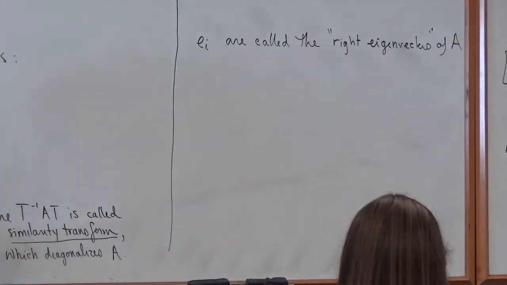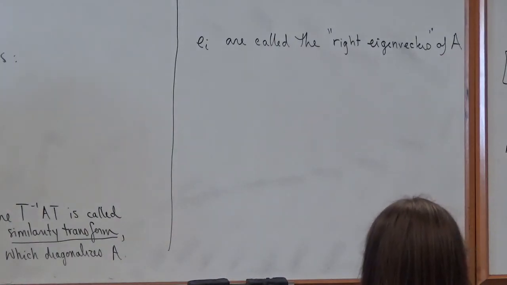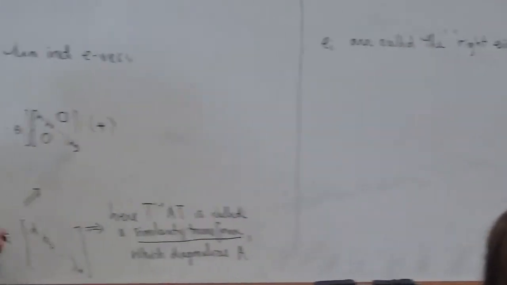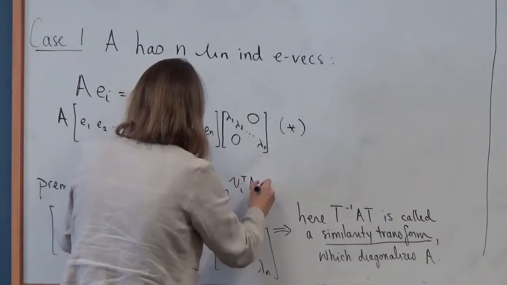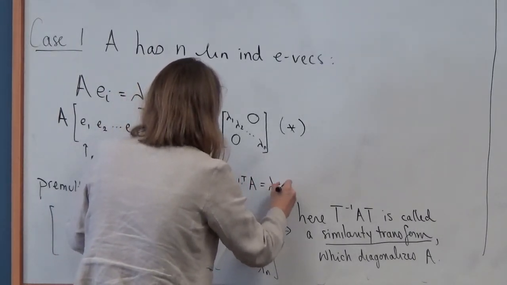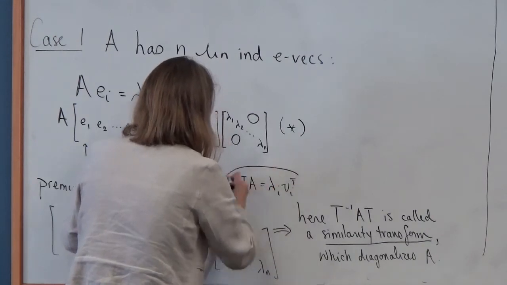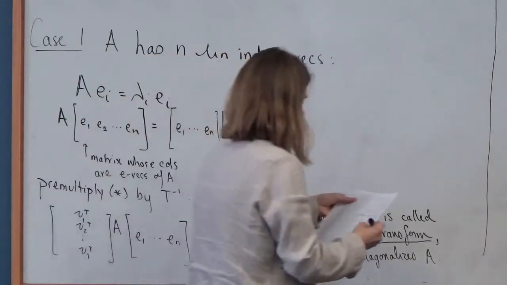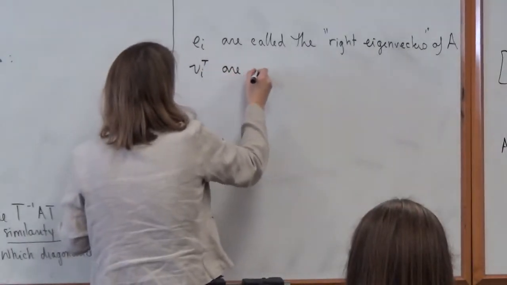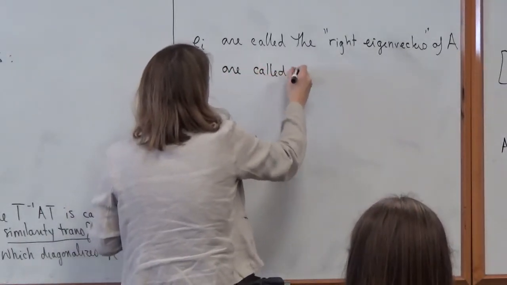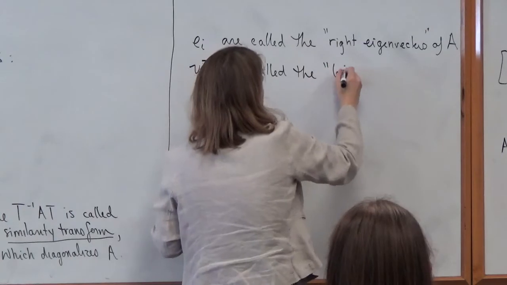If we look at that equation, it implies that nu i transpose A is equal to lambda i nu i transpose. For that reason, these nu i transposes are called the left eigenvectors.